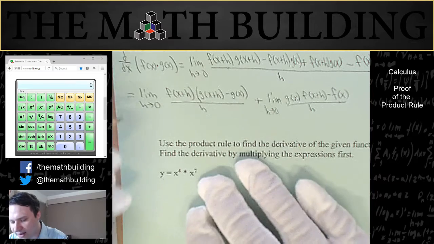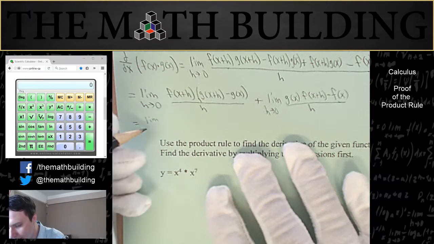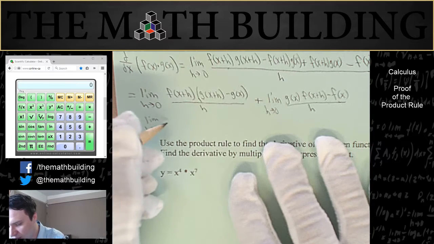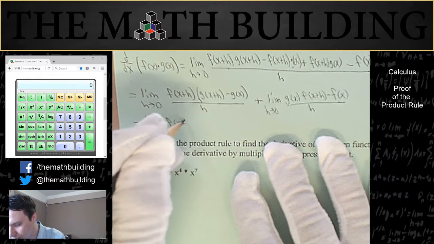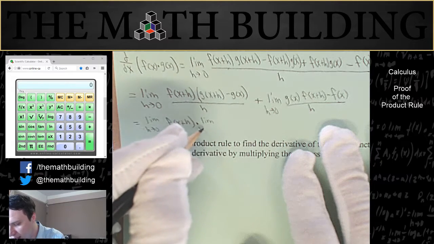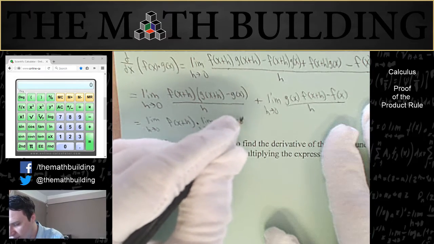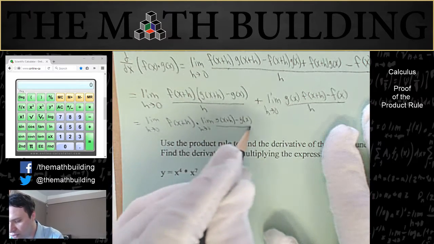So I can take the limit as h goes to 0 of f of x plus h times the limit as h goes to 0 of g of x plus h minus g of x all over h.